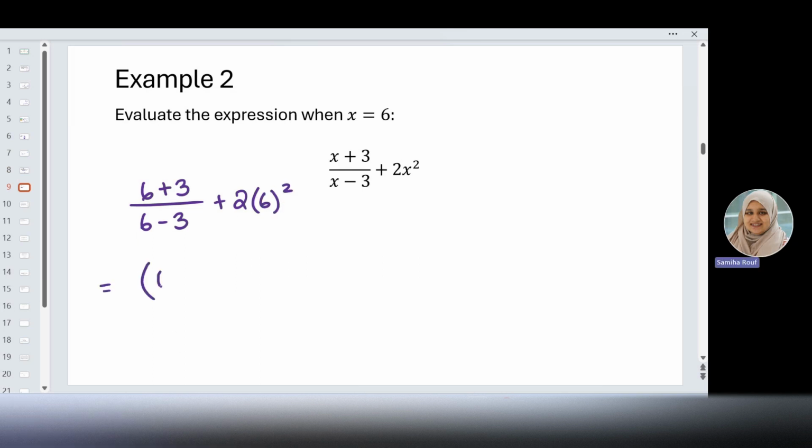Now remember, this is actually 6 plus 3 in parentheses divided by 6 minus 3 in parentheses. And then if you want, you could put the whole fraction in another set of parentheses.